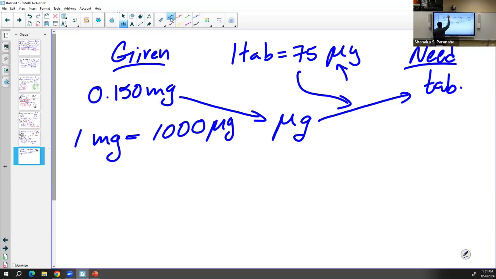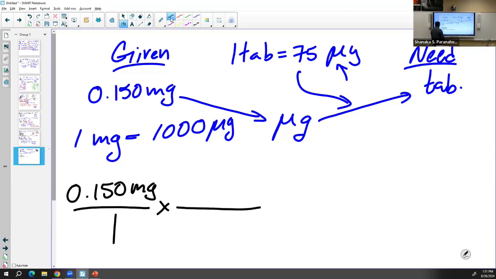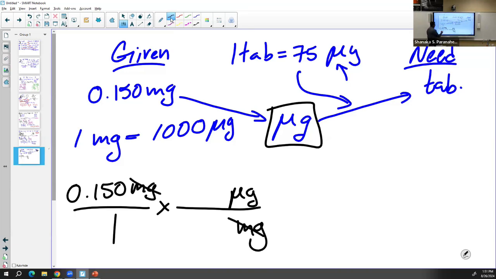This is how we are going to set it out: 0.150 milligrams, and take it as a ratio. Now we convert milligrams to micrograms because this is the common unit between tablet and milligrams. We can cancel milligrams with milligrams. So 1 milligram, 1000 micrograms.